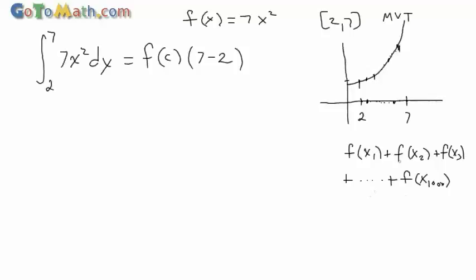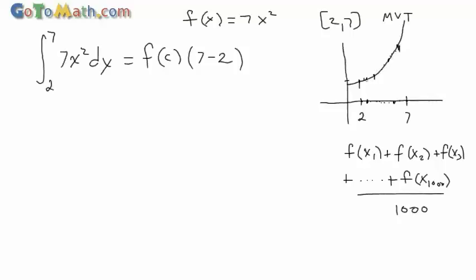Once we sum up all the y values, we divide by 1,000 because that gives us the average. You could say this is the mean. No, this is the average. Never mind. So it averaged out all my y values.